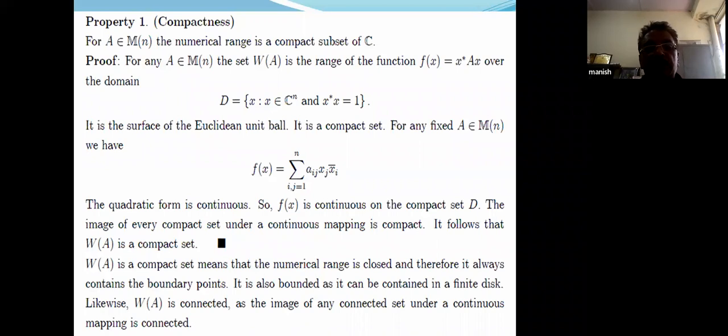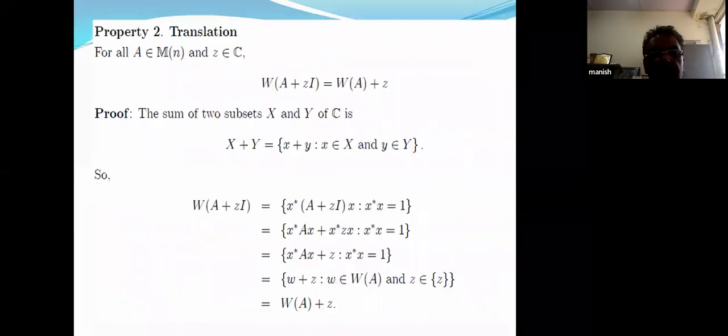Also, since this Euclidean unit ball is a connected set and a continuous function takes a connected set to a connected set, therefore the numerical range is a connected set. And we will see in further discussion that it is actually simply connected. That is, each point is filled up by the values of x* A x.